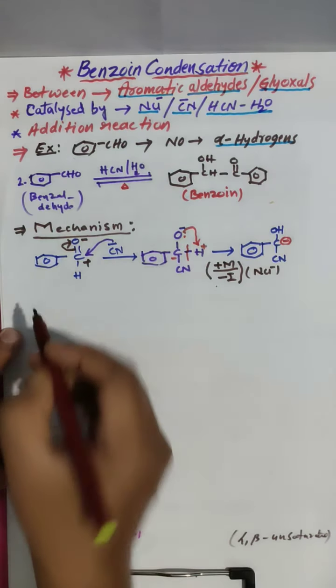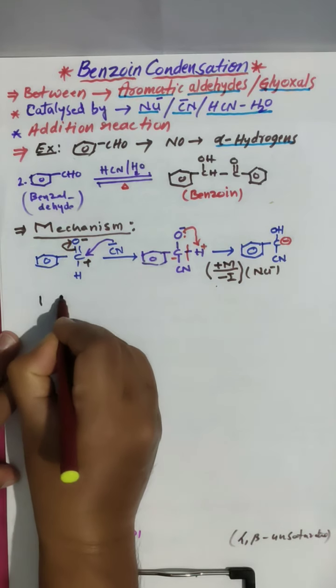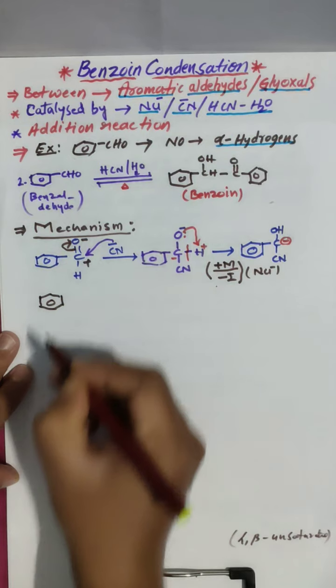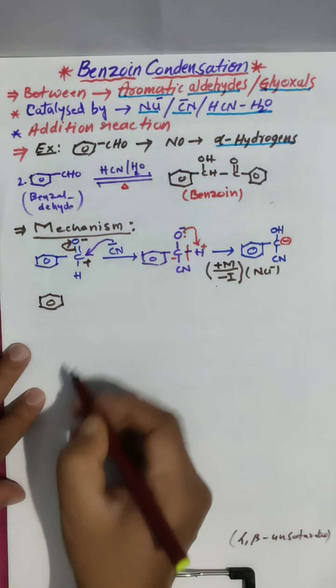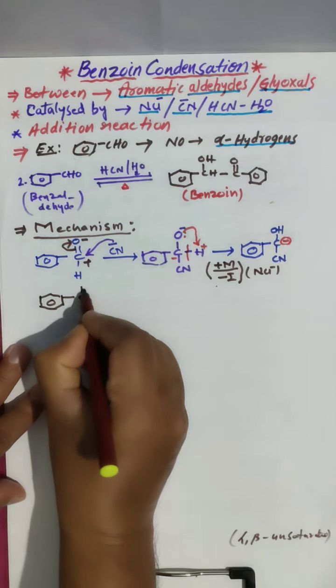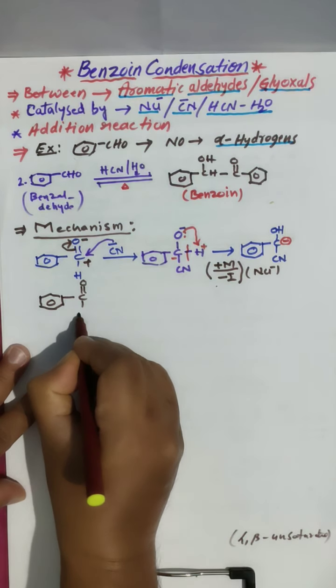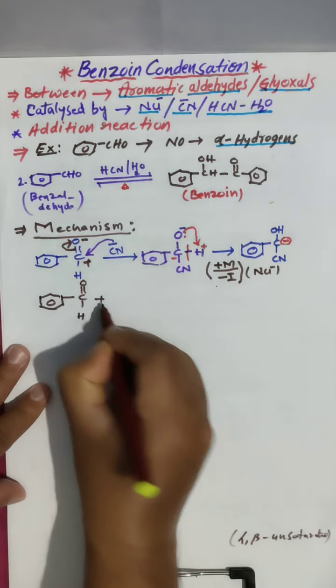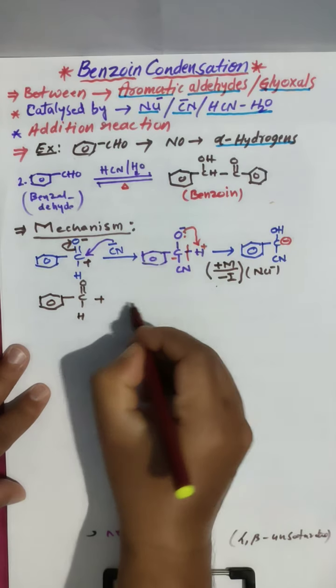Next, another mole of benzaldehyde. 2 moles we have to take now. That I am taking here. C double bond O H plus this nucleophile.